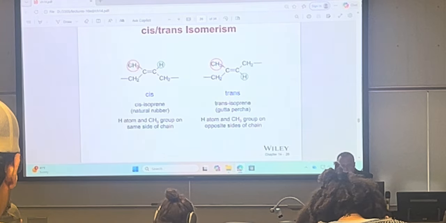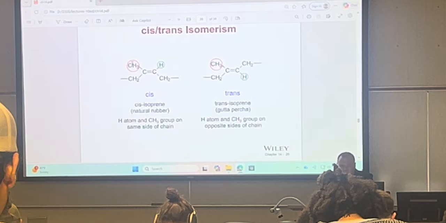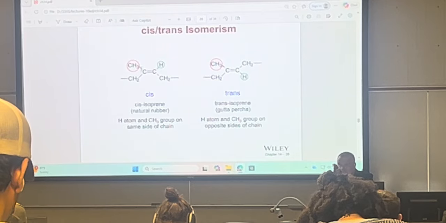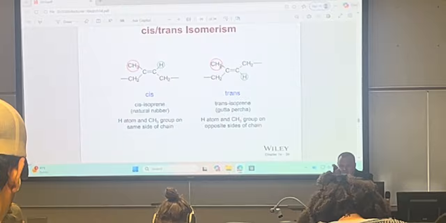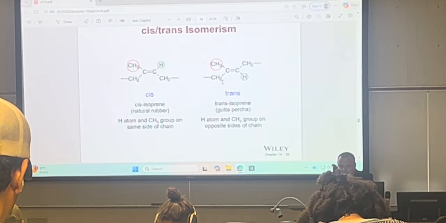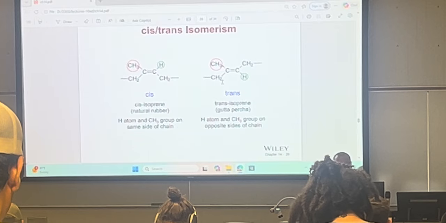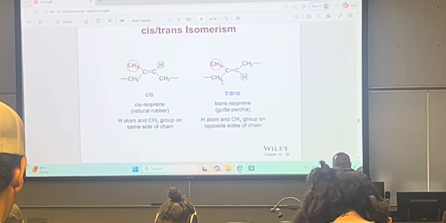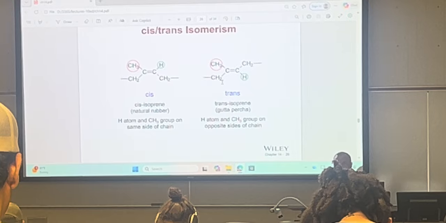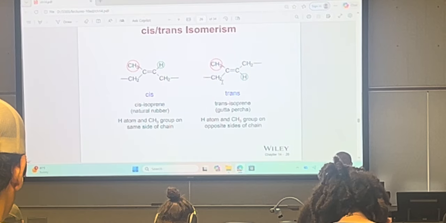The only difference is that for the cis isoprene, the CH3 group and hydrogen are on the same side, and here it's on the opposite side of the chain. Have you ever heard about rubber vulcanization? If you know what that is, let me know.